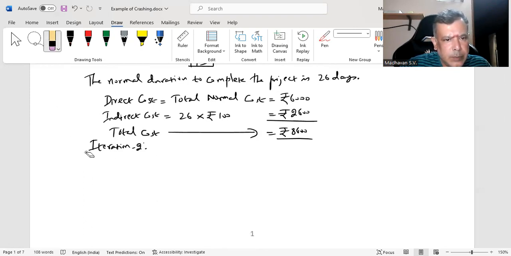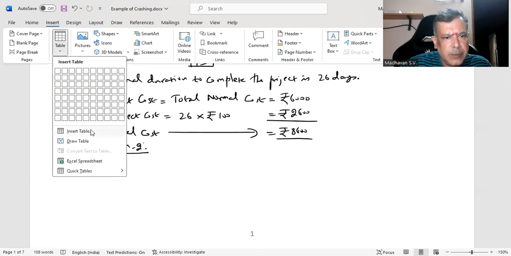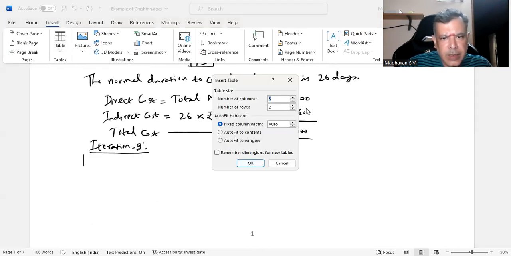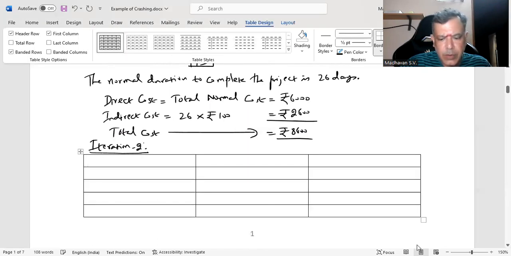I'll insert a table having, let us say, 3 columns. And there are 4 critical activities, so I will keep one for title. So we get like this.